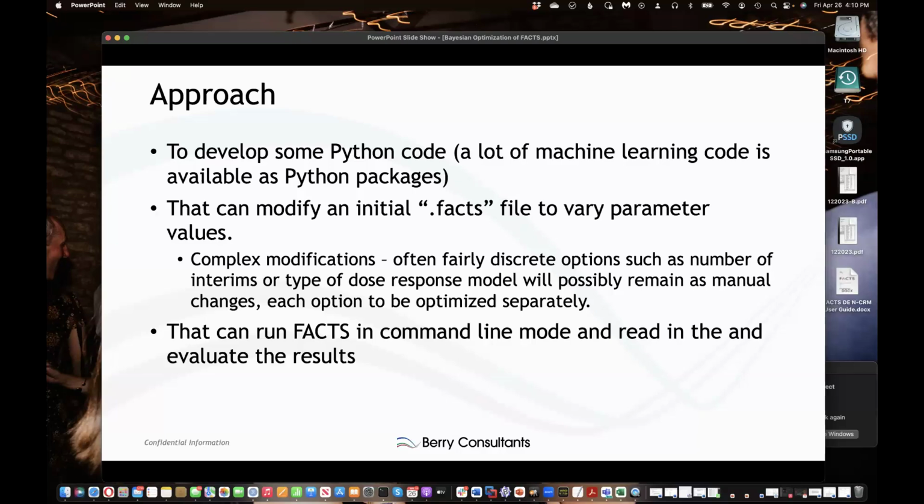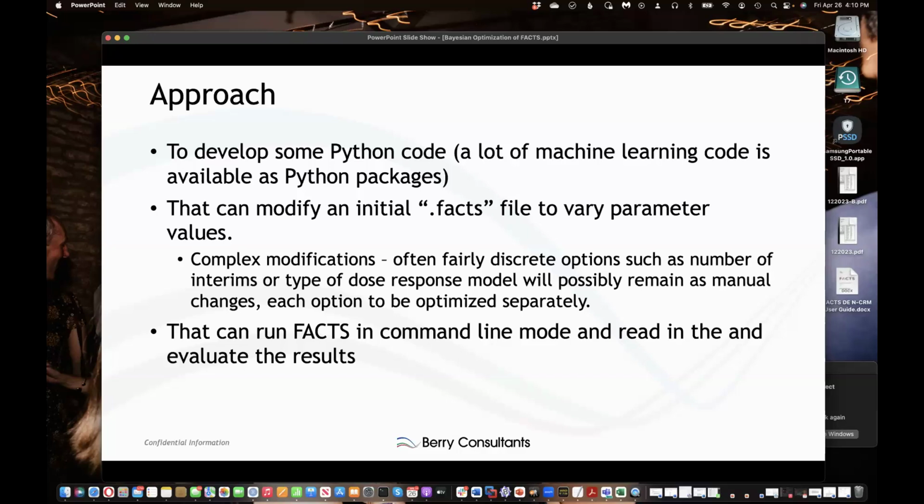Complicated modifications of the FACTS file, such as changing the number of interims, which requires not only changing that but changing other values as well, are a little bit complicated, and they'll possibly remain as a manual change.